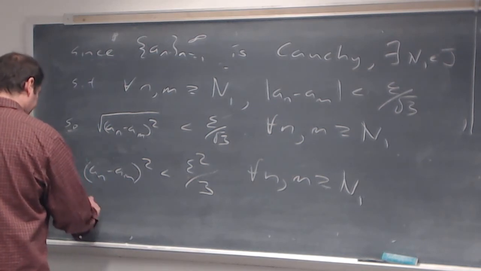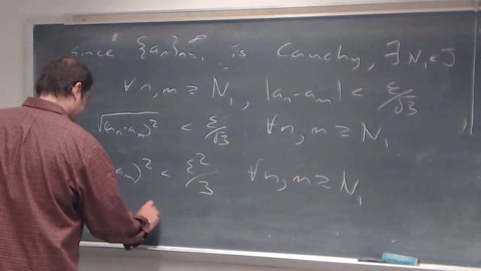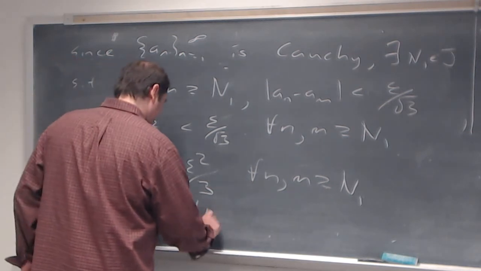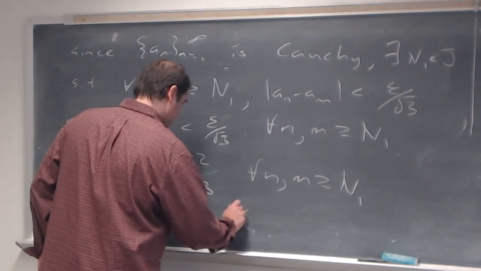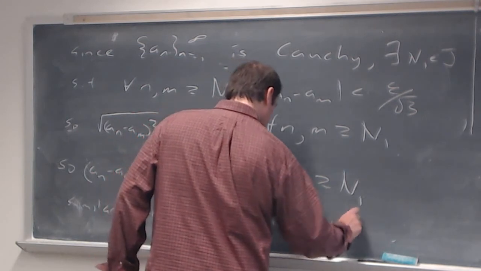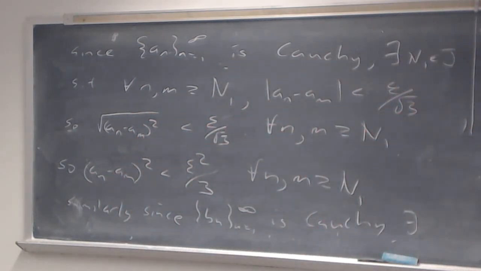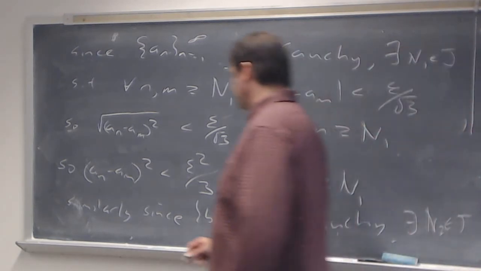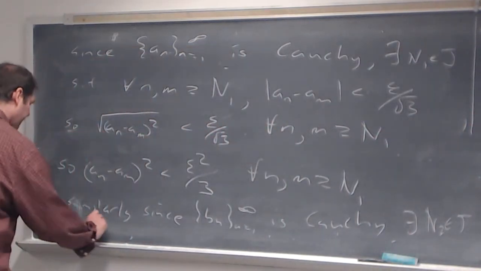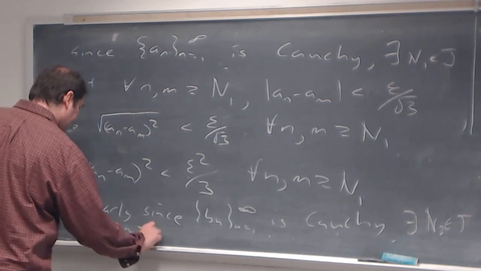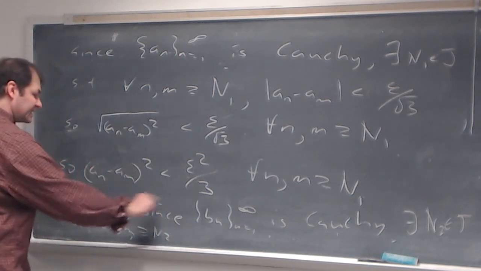So for, I'll say similarly, since b sub n is Cauchy, there exists, what am I going to write here? N sub 2. Yeah, it doesn't have to be the same N sub 1. Is that okay? It might be a different spot. N sub 2, element of J, such that for all n and m bigger than or equal to this N sub 2, we get exactly this.